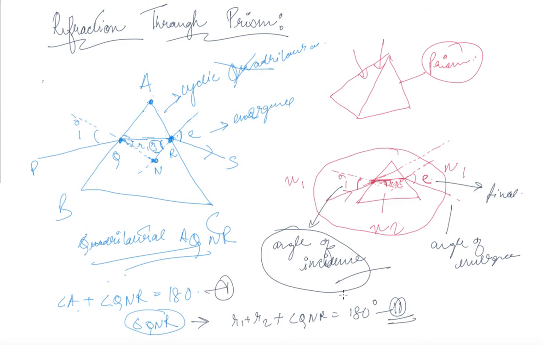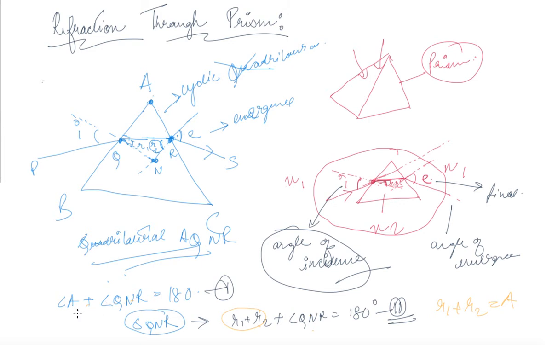So after comparison, QNR plus angle A is equal to 180, and QNR plus these two angles is also equal to 180. So QNR and QNR is equal.